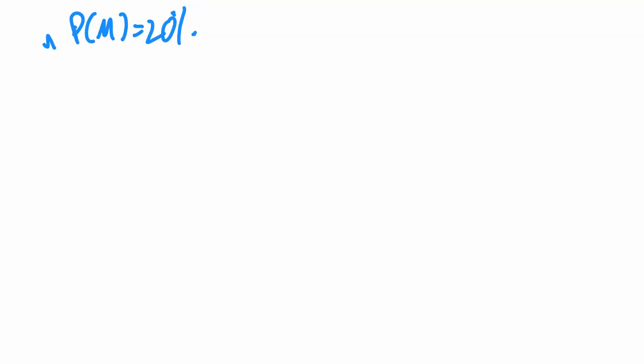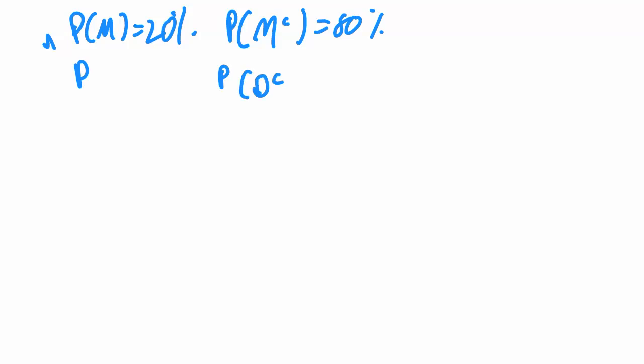So the chance of them having meat was 20% because the problem said the chance of them not having meat was 80%. The chance of them skipping dessert, they said, was 25%, which means the chance of them having dessert was 75%.